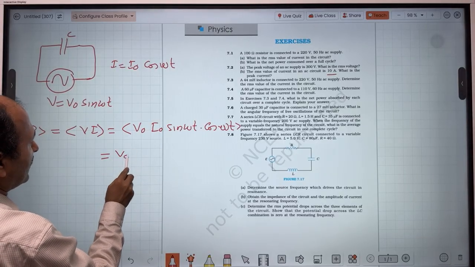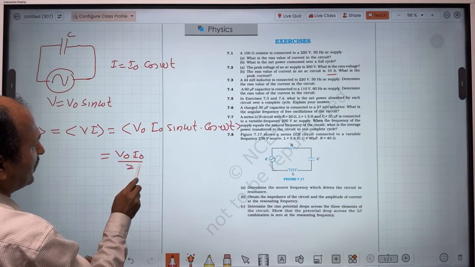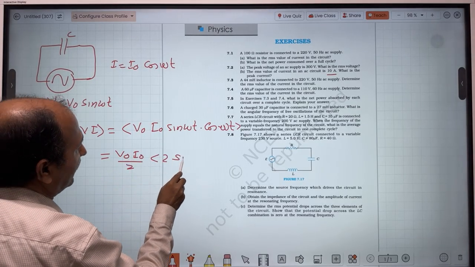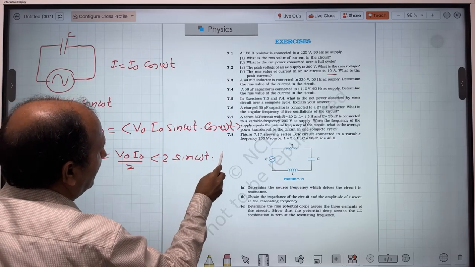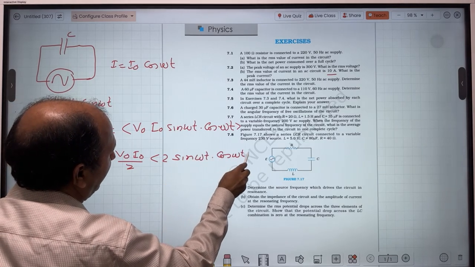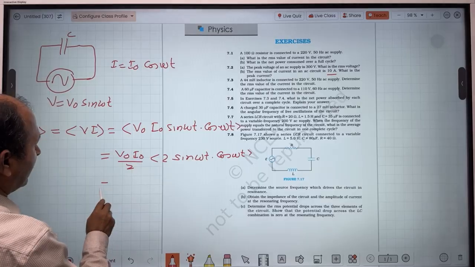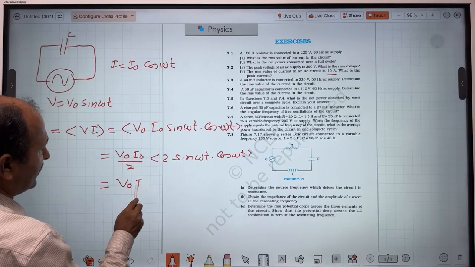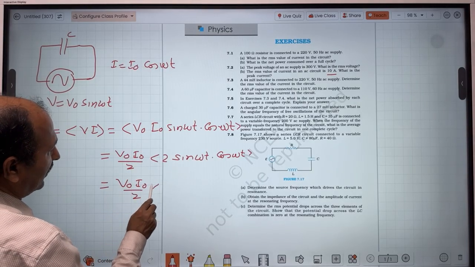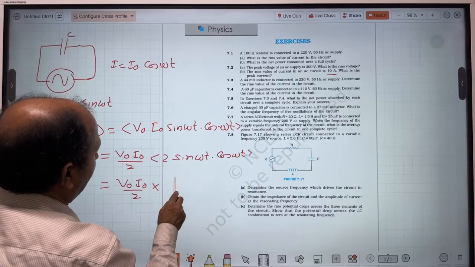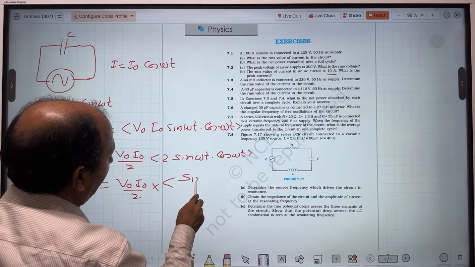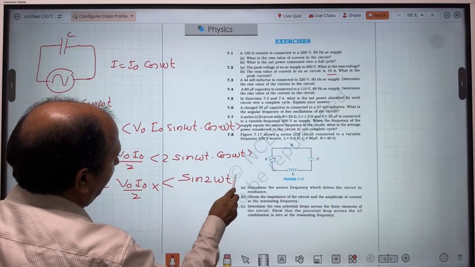In the same way, we can write V0 I0 divided by 2 times twice of sine omega t cos omega t, right? So this will become V0 I0 divided by 2 into the average value of sine 2 omega t.